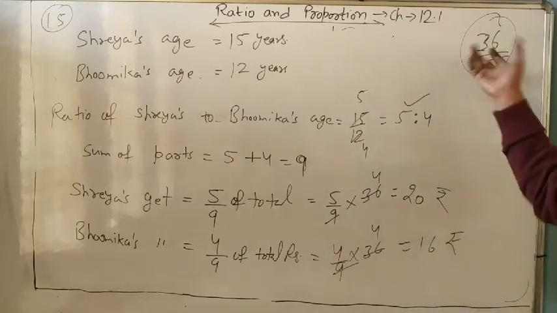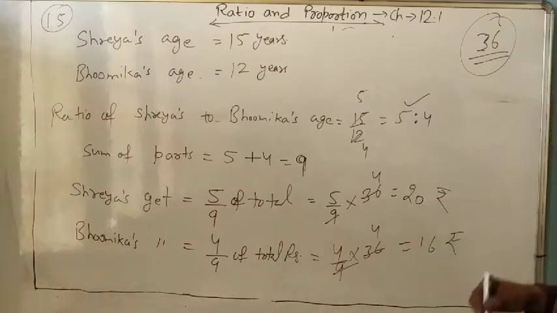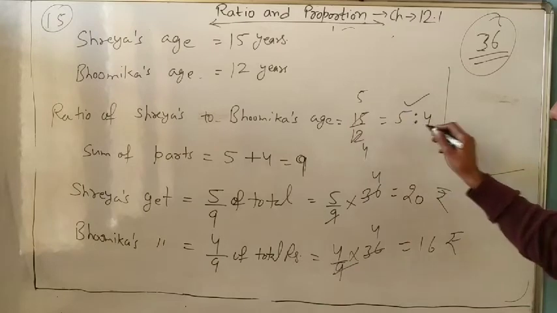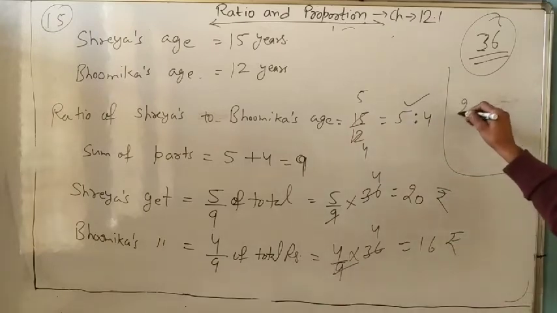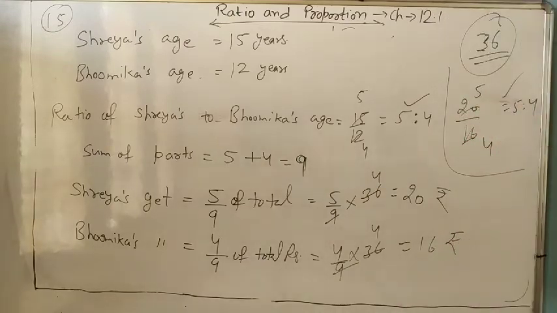Yes, the total rupees is 36. So Bhumika gets 16 and Shreya gets 20. And what is the ratio? 5 ratio 4. You can check it also. 20 divided by 16: 4 fives, 4 fours. So the ratio is 5:4. It means our answer is right.